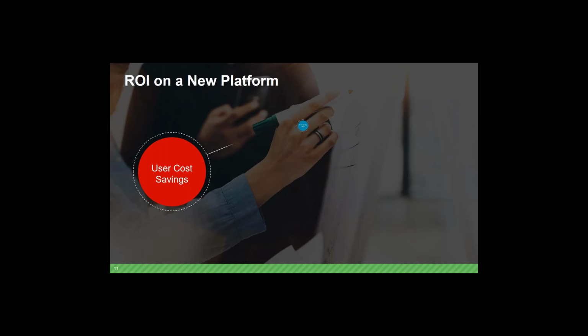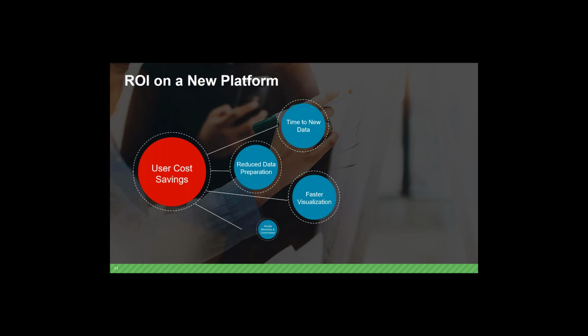The first one is how much time you can save in order to get to the new data for your analysis. How much time are you going to save in terms of reduced data preparation? Can you quickly get to the visualization faster? Also, how quickly, and how intuitive and easy to use, is the visualization platform? And finally, can you reuse all the work that has already been done from the metadata and also the security governance perspective?